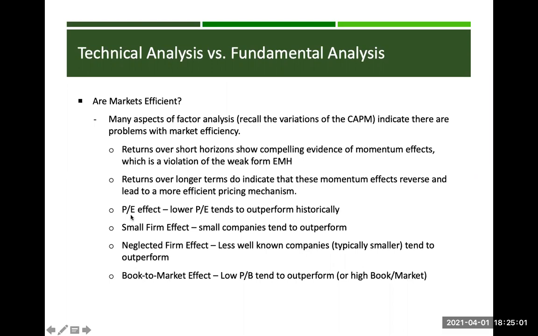But we still have the price to earnings effect. Low PE tends to outperform in the intermediate term. The small firm effect, small companies tend to outperform. The neglected firm idea, so less well-known companies, which are typically smaller, also tend to outperform.